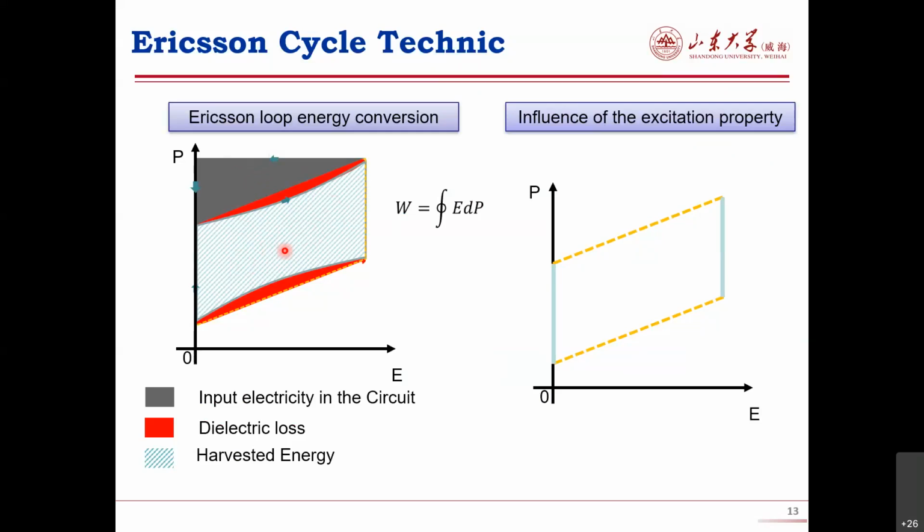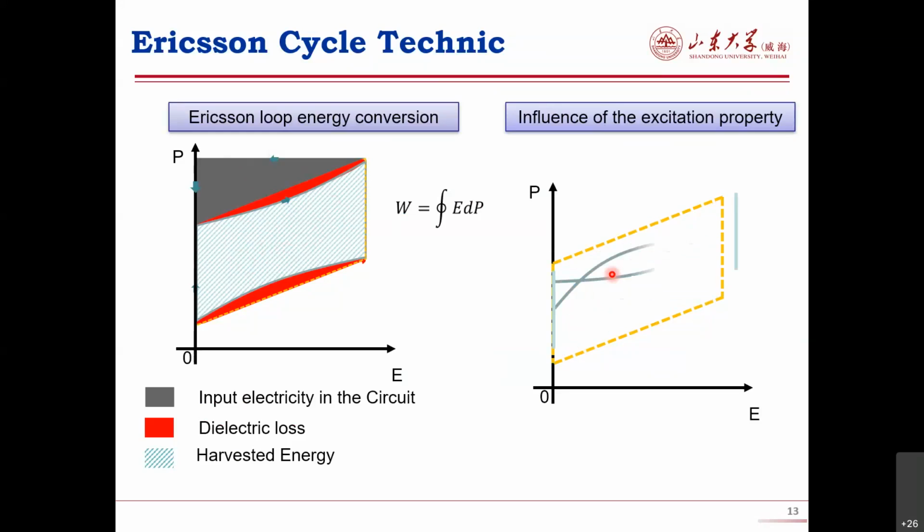Does it mean the Ericsson cycle technique is always harvesting energy? No, it doesn't. We have made a lot of simulations and experiments. We found that if we have small mechanical stress, we harvest less energy.